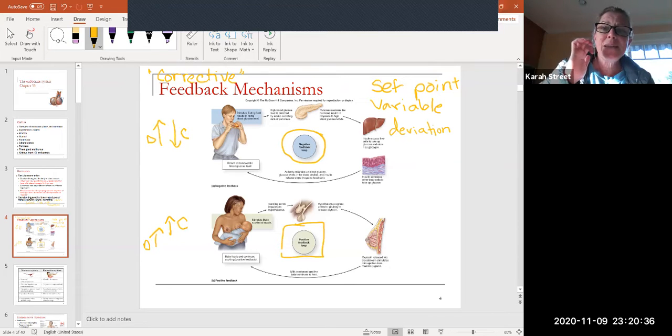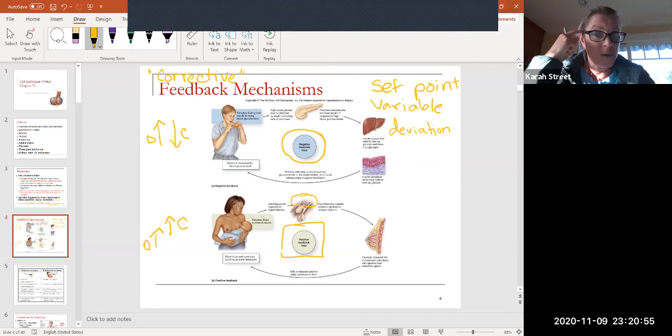The baby's head hits the woman's cervix. And the woman's cervix has neurons that basically go up to the woman's hypothalamus. So from her cervix, messages go up to her brain. And then her hypothalamus releases a hormone called oxytocin.